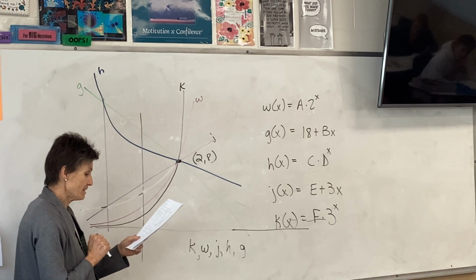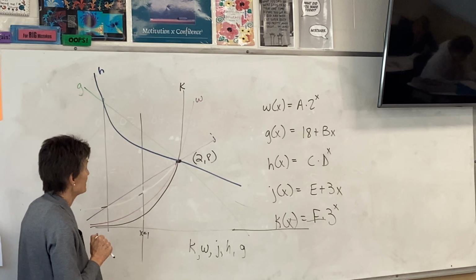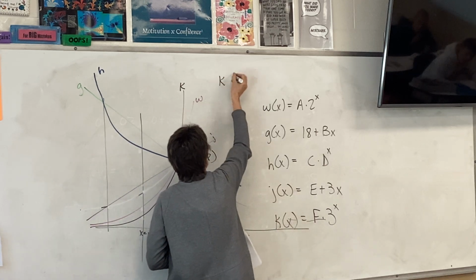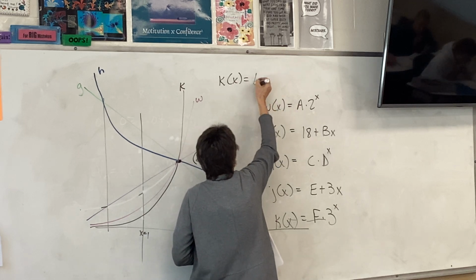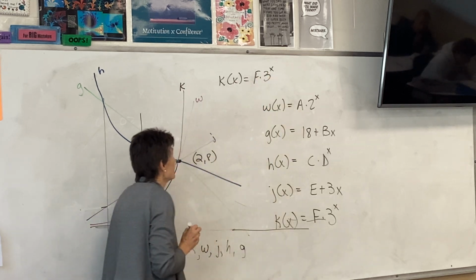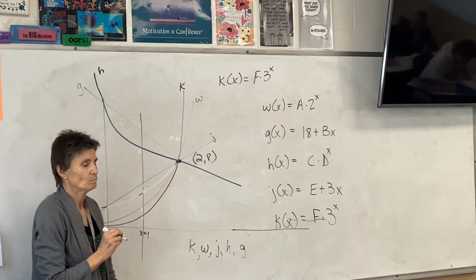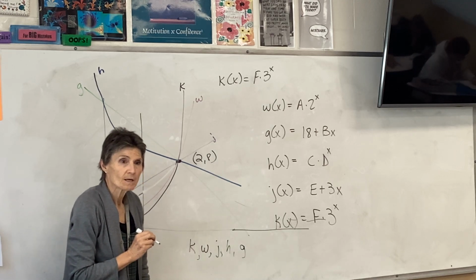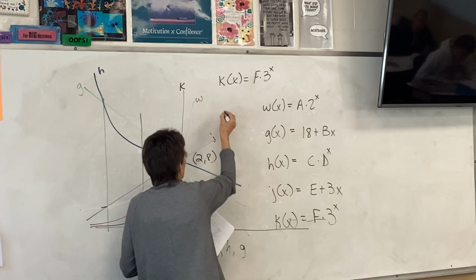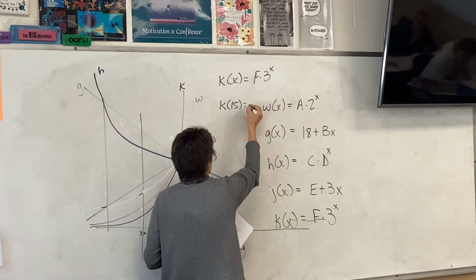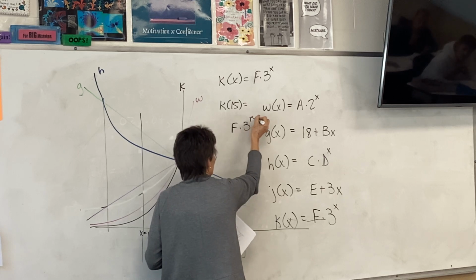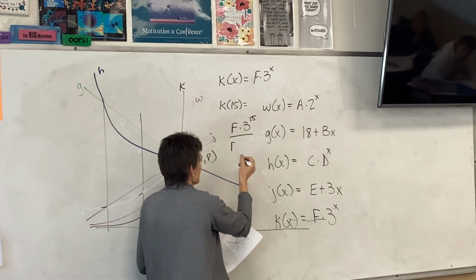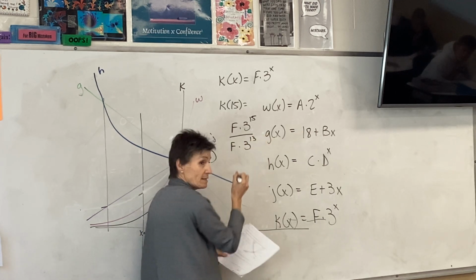Number 4. K of 15 divided by K of 13. So here's function K. What do you think about that? Emily, what's your thought? Would the F's cancel out once you set them up? Absolutely they would, because K of 15 is just F times 3 to the 15th, and K of 13 is F times 3 to the 13th.